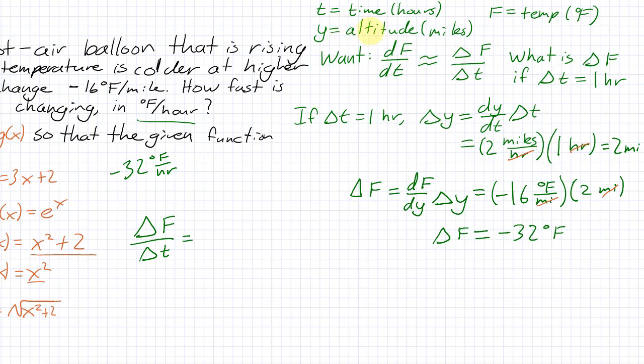So we need to use this intermediate function, and we use this number 16 here. That number 16 is the rate of change in the Fahrenheit temperature with respect to altitude, and we multiplied that by the number 2 miles per hour. That's your rate of change of the altitude with respect to time.